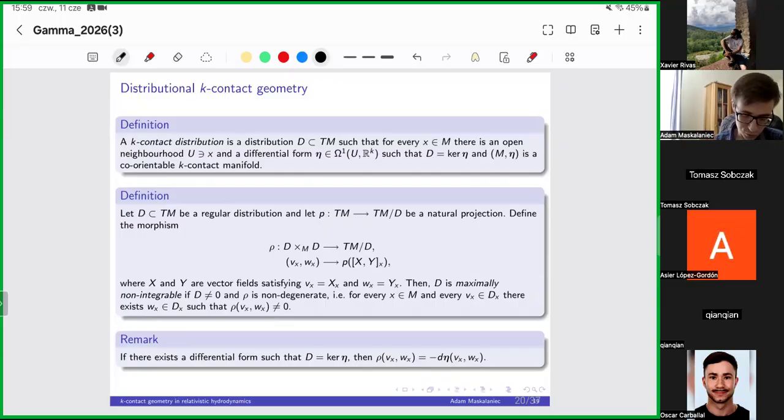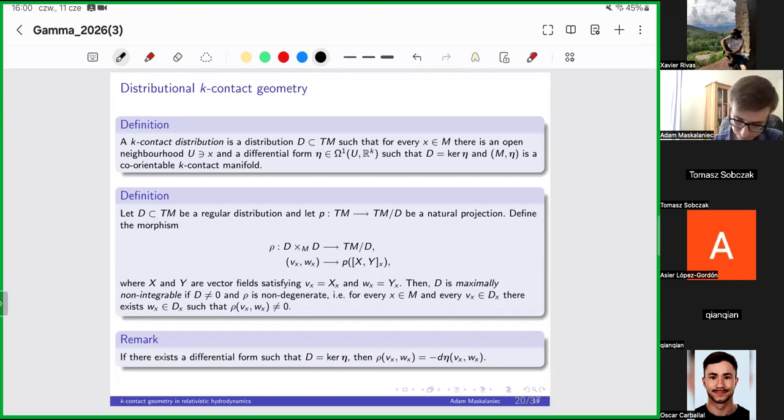So then it was proved in a paper by Javier de Lucas, Xavier Rivas, and Tomasz Sobczak that there are some conditions that can be expressed purely in the language of distributions that allow us to guarantee that a certain distribution is indeed a k-contact distribution.